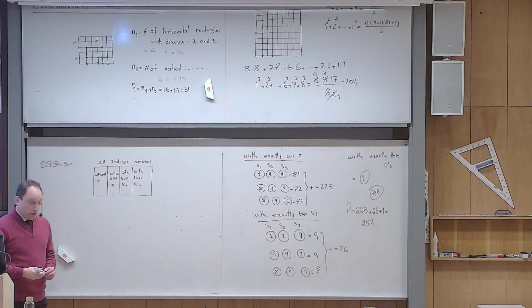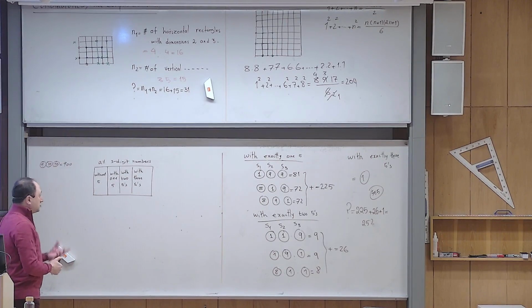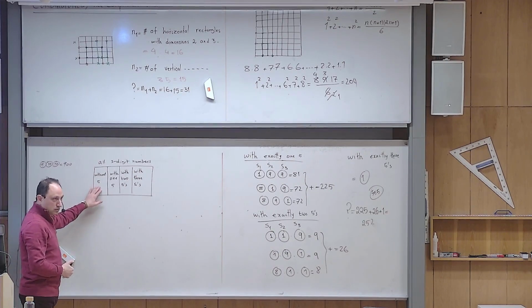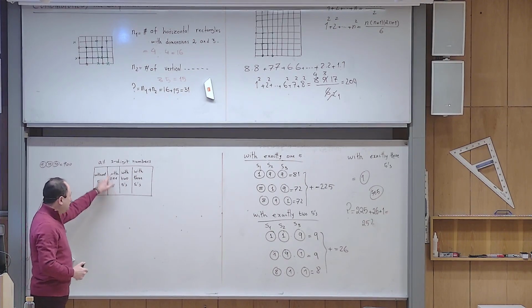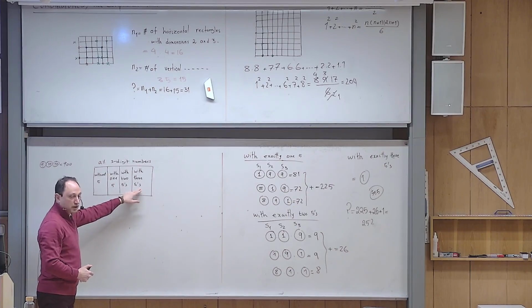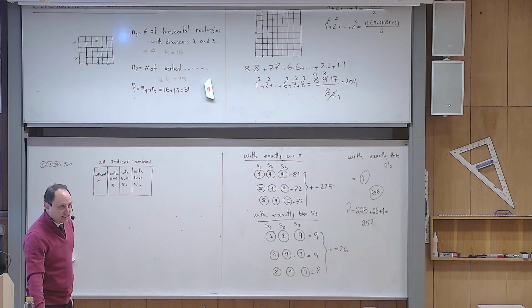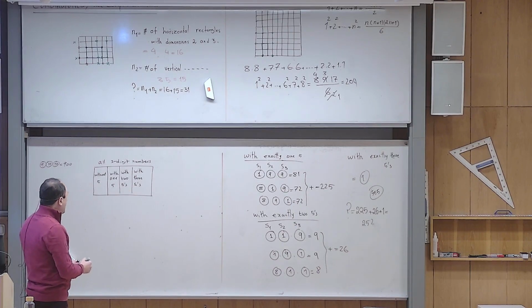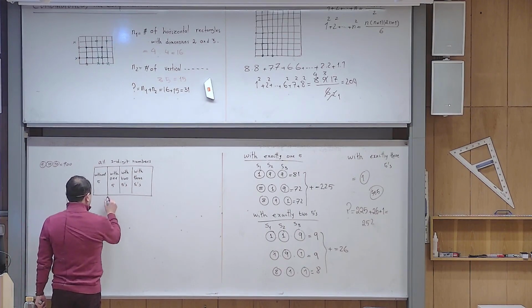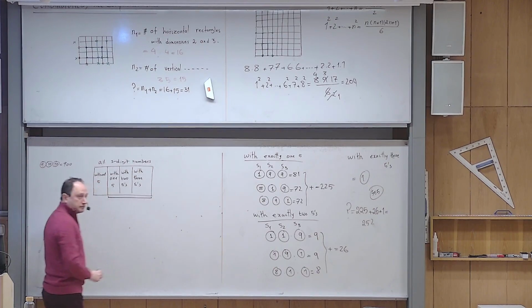So these are all the possibilities. Either the number that you choose does not have any 5s at all, or it contains exactly 1 5, exactly 2 5s, or exactly 3 5s. But when you say at least, it means that you are interested in all these parts. This is your question mark.